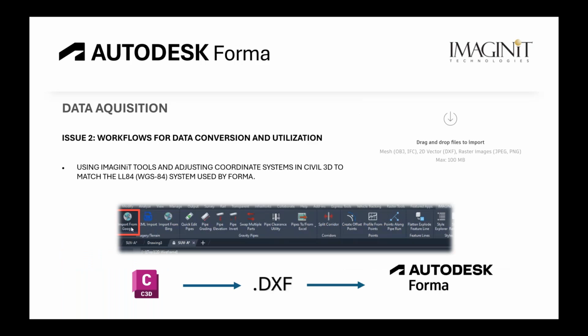There is another solution for another issue as well. If you feel like getting adventurous, there are workflows for refining building data levels of detail and transferring terrain and imagery data using IMAGINiT utilities for Civil 3D. Key points include adjusting coordinate systems in Civil 3D to match the LL84 WGS84 system used by Forma.